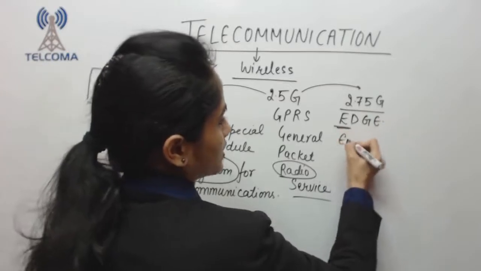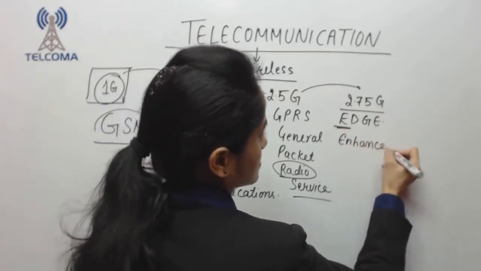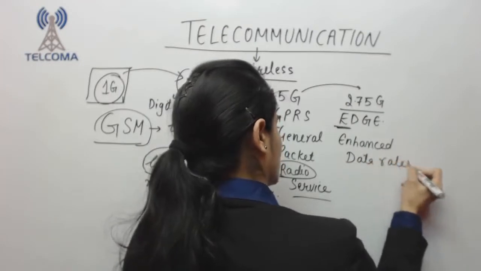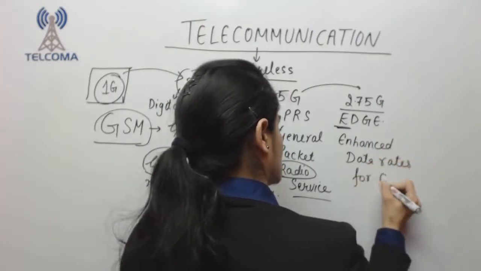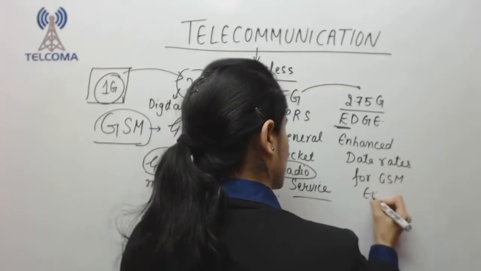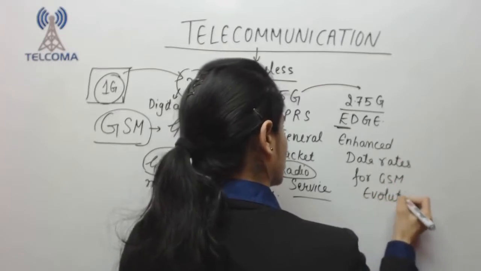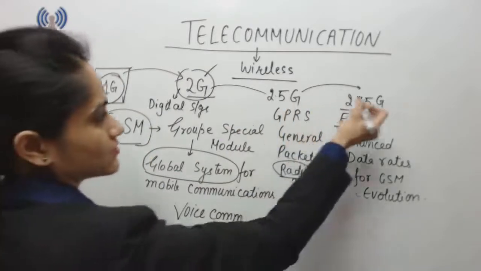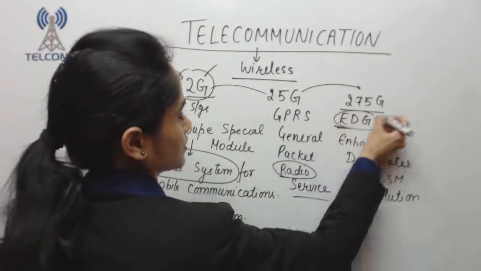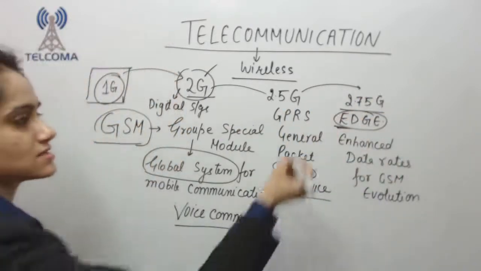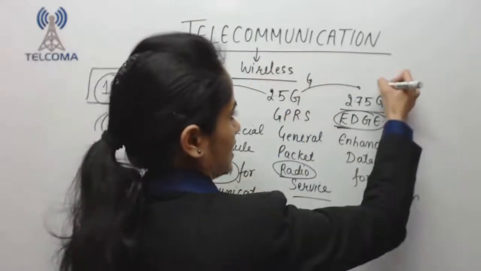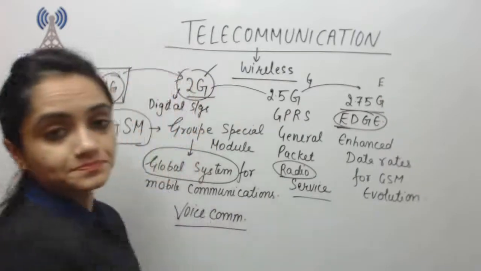E stands for Enhanced Data rates for GSM Evolution. That means we have increased the data rate from GPRS in EDGE technology. When we access GPRS on our mobile device, we see the sign G. When we access EDGE, we see the sign E.